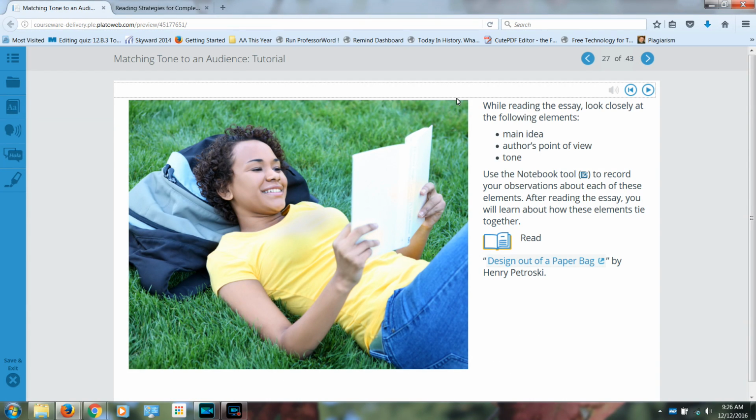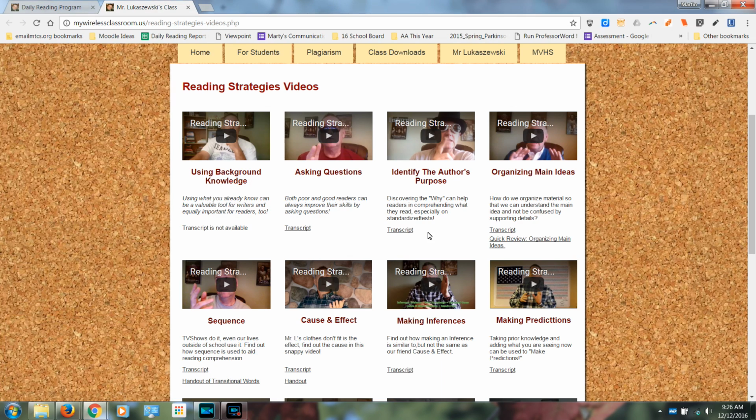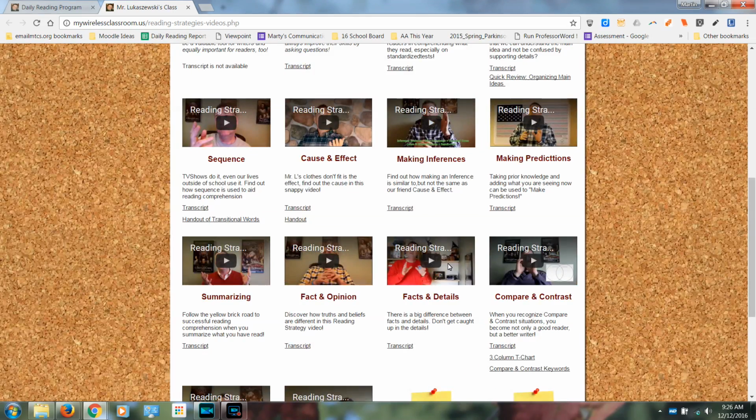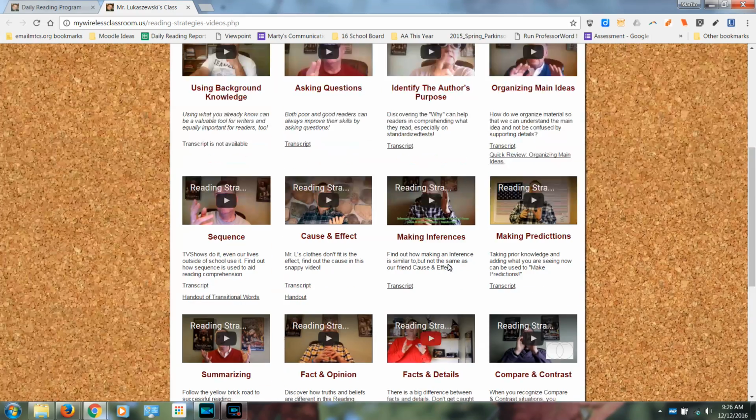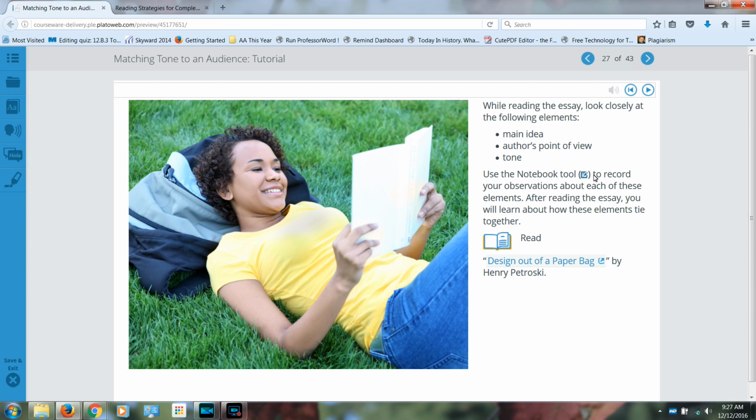Author's purpose and main ideas. Okay, and you've been talking about the tone already. Record your observations about these elements as you see them.